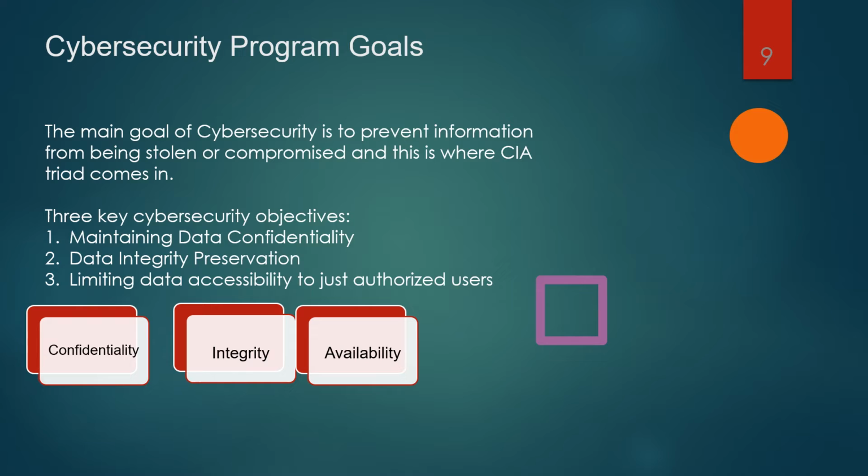And we have integrity, which is guaranteeing that data is real, correct, and protected against unauthorized user modification. And we have availability. Availability is the property of being able to access and modify information in a timely manner by those who are allowed to do so.